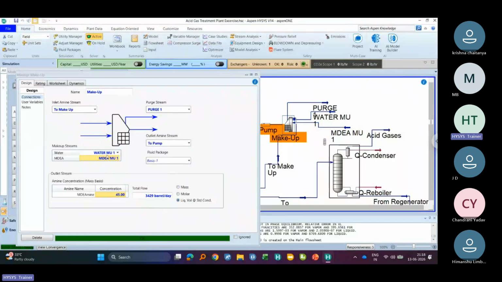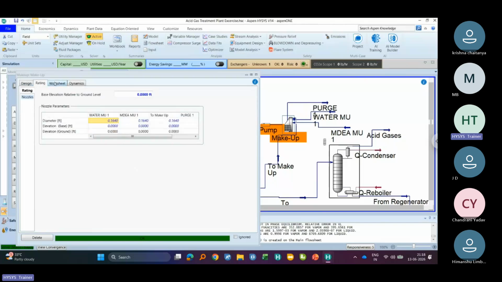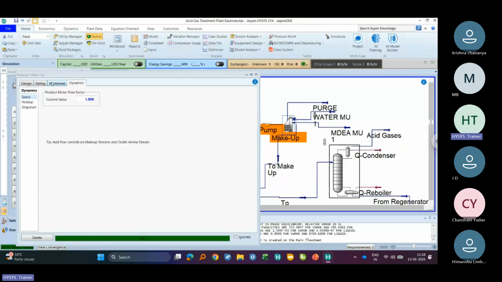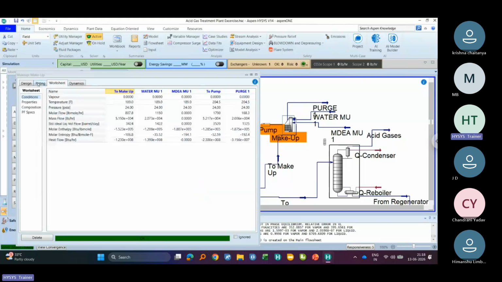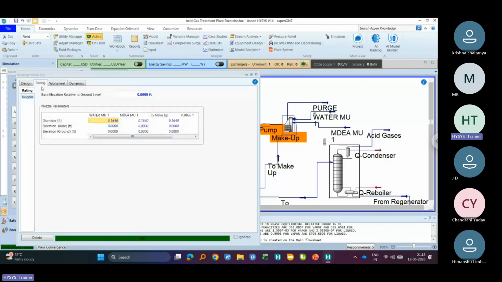So just one error of entering this value over here, it will not just stop your simulation, plus it will entirely close your HYSYS because it will be putting your makeup block into an infinite calculation loop. So that will hang the software and it will close the HYSYS. So don't ever do that. Don't touch any part of this rating worksheet unless and until you have the values available with you.